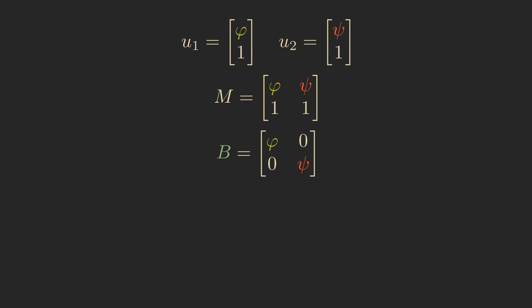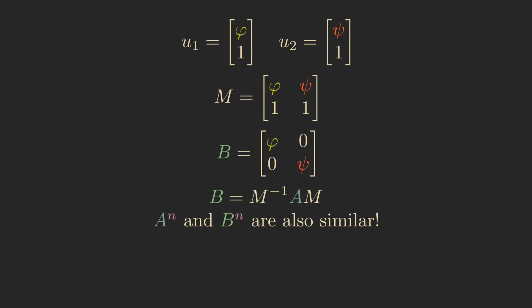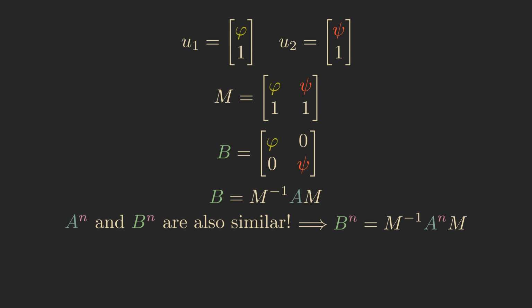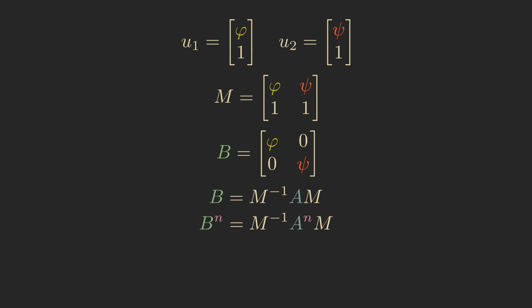Using our formula for similar matrices, B equals inverse M times A times M. But remember, since A and B represent the same operation, doing each one of them n times is the same. So A to the n and B to the n are also similar, which means that B to the n equals inverse M times A to the n times M using the same formula. Rearranging, we get that A to the n equals M times B to the n times inverse M.